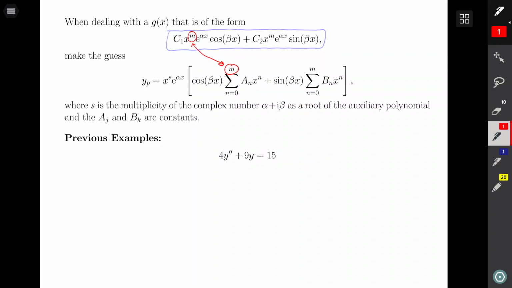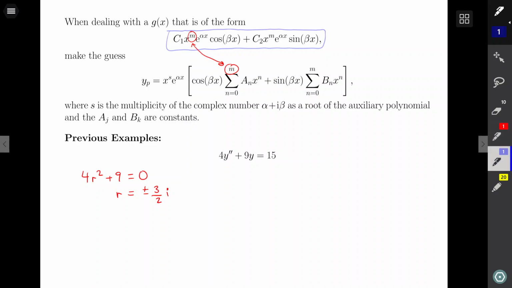So now what we can do is revisit the 3 examples that we did from the perspective of this formula, and then do those 3 harder examples using the same formula. So once again, we go to 4y double prime plus 9y equals 15. 4r squared plus 9 equals 0 is our auxiliary polynomial equation. The roots are plus or minus 3 halves multiplied by i.